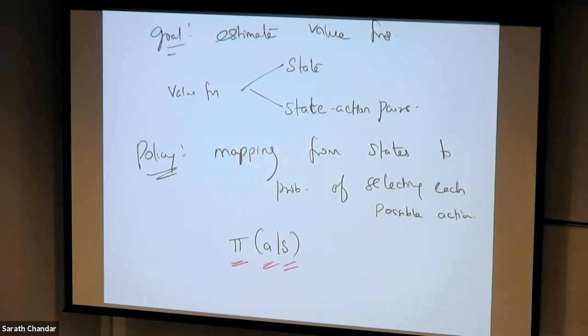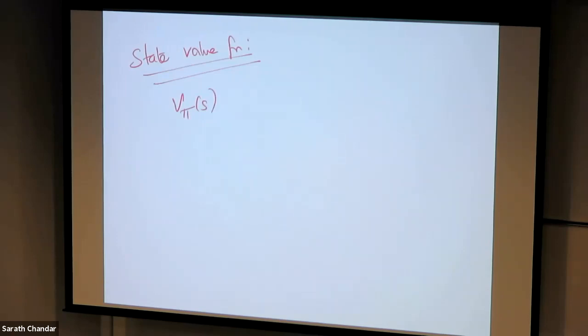Is that clear? Okay, now let's talk about the state value function first and then the action value function. State value functions are represented as V pi of s. So what is V pi of s? V pi of s is the value function of a state s under a policy pi.